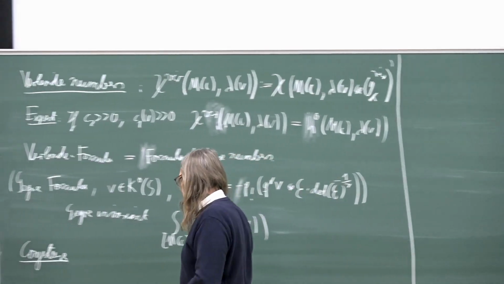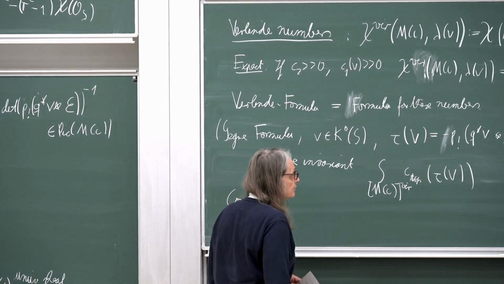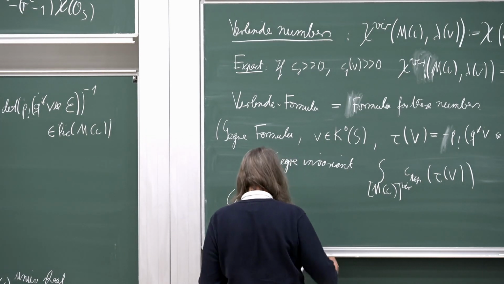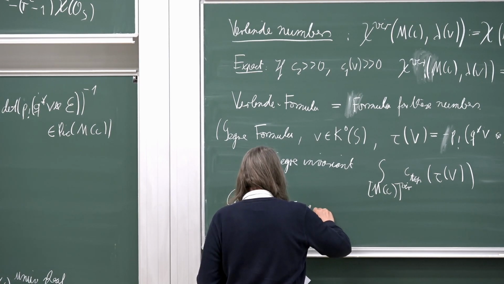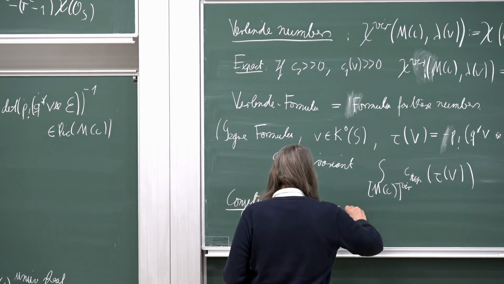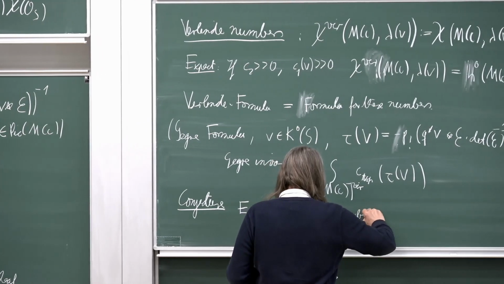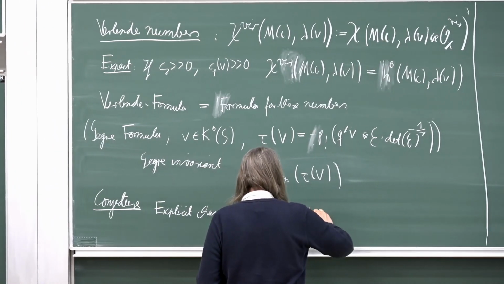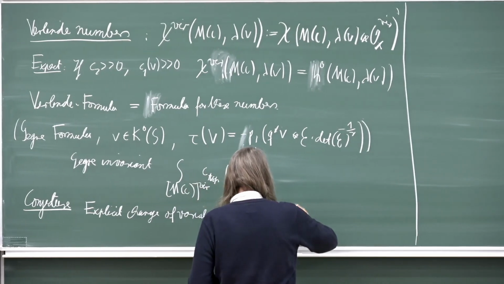And the conjecture is that if one writes down the generating function, there is an explicit change of variables which identifies the generating functions.